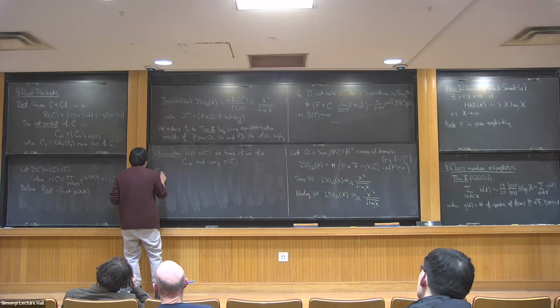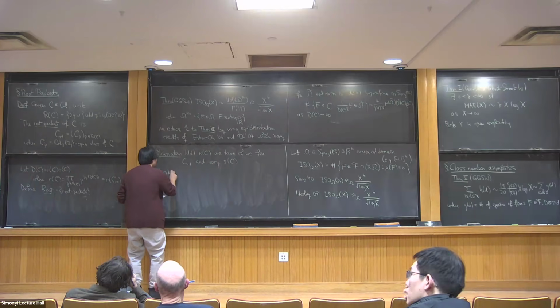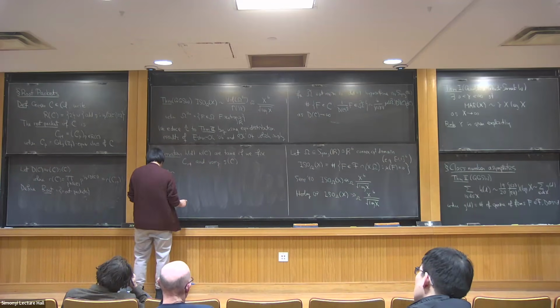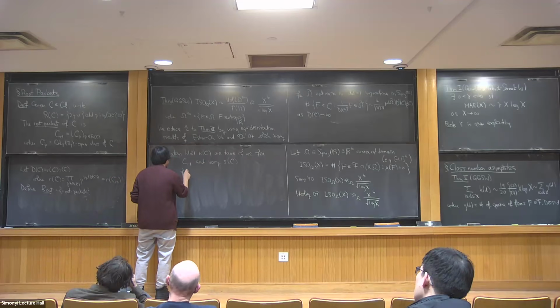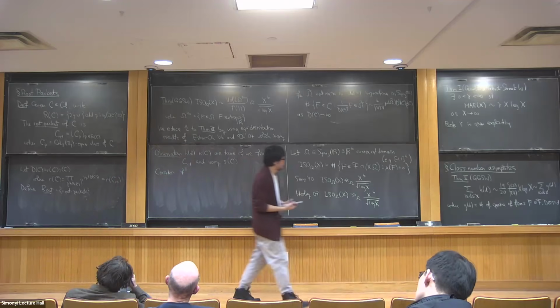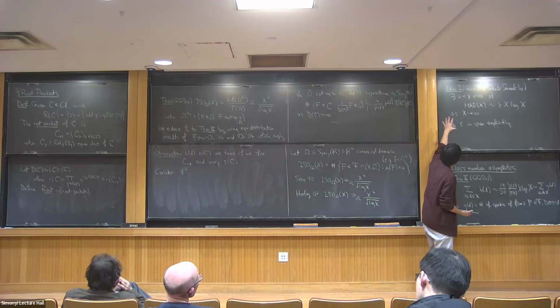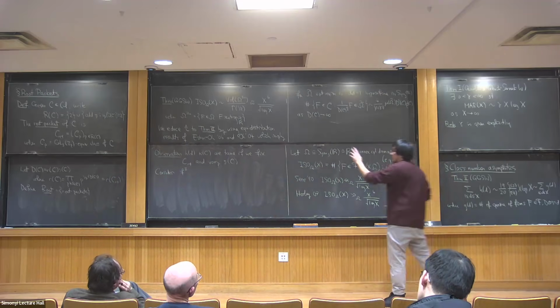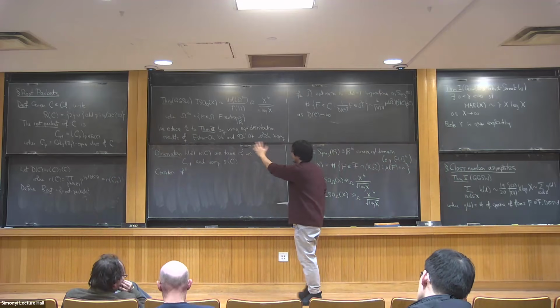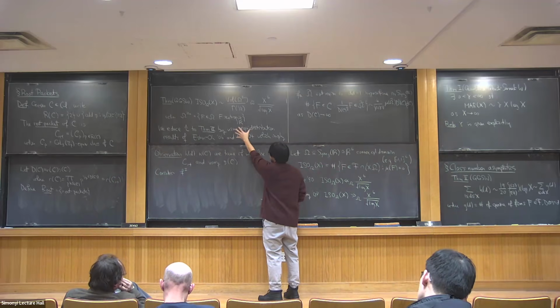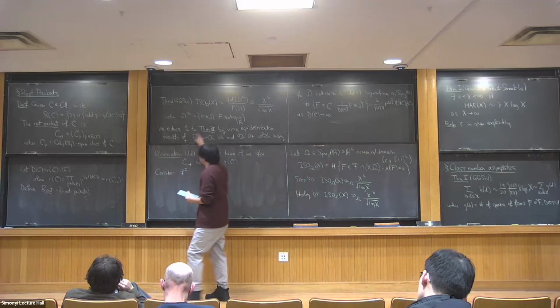So let's see. We're going to consider functions, because we have essentially three here, theorem 1, theorem 2, theorem 3, which by this equidistribution implies this theorem above here.